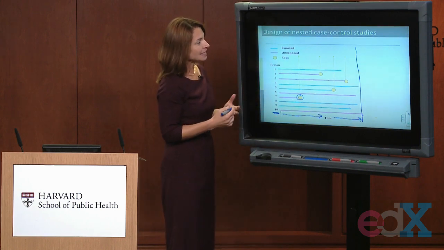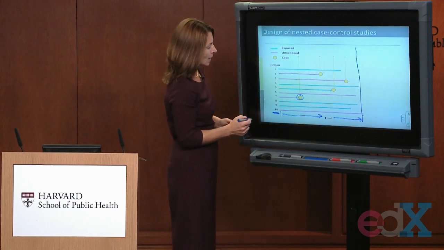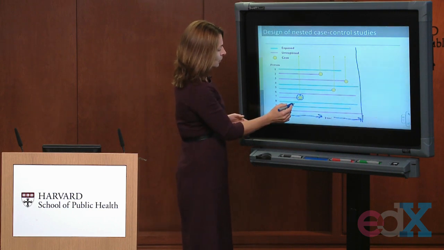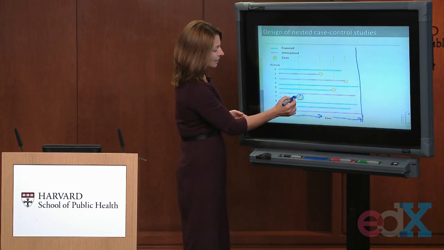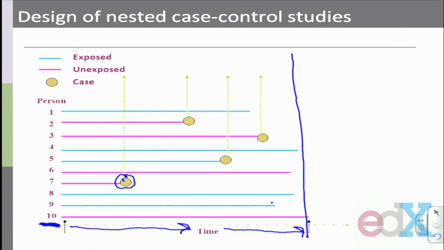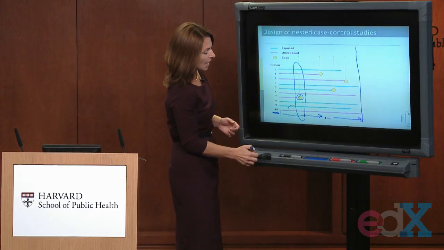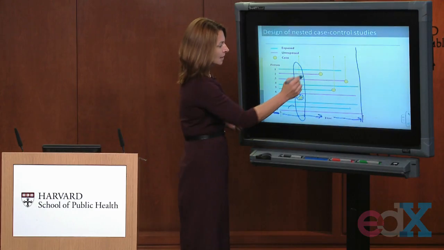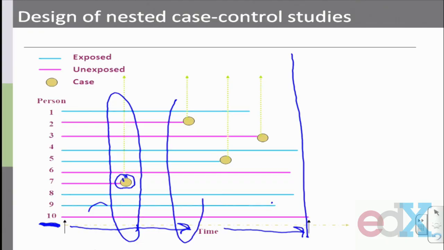So with a nested case control study, if you remember, what you do is, instead of with a cohort study, where you would have a case of disease, and then in your analysis you'd be looking at all of the other individuals who are still at risk at that time, with a case control study, we're going to sample specific individuals from each of these windows of time.